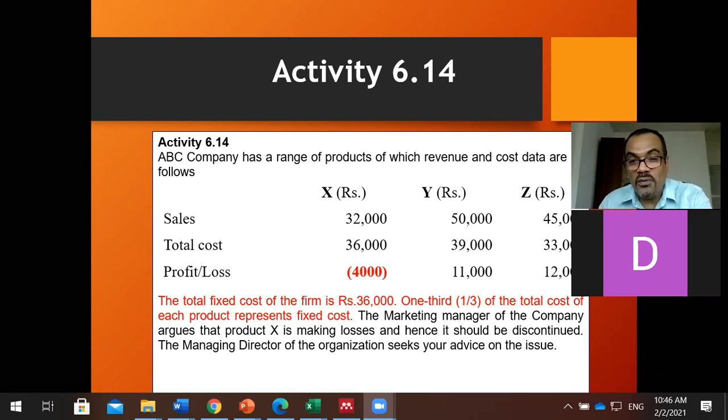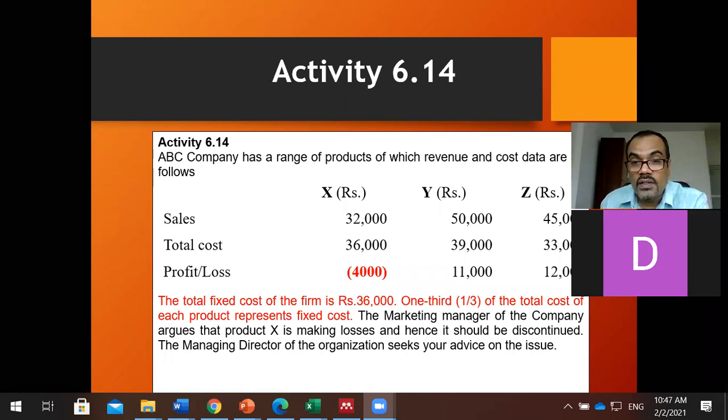So you are reducing 4,000 by stopping this sale, but on the other hand, you have to additionally absorb 12,000, which had already been absorbed by product X, between Z and Y. So the cost of Z and Y will go up because they are the only two products. Absorption costing, right? This 12,000 will be absorbed no matter what proportion. The cost of both Y and Z will go up by 12,000.